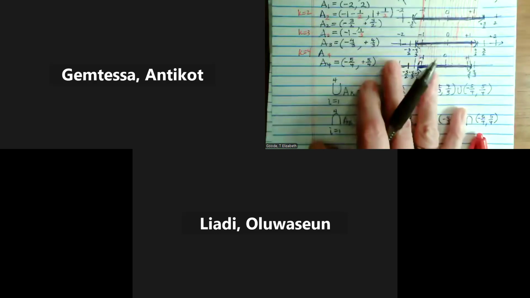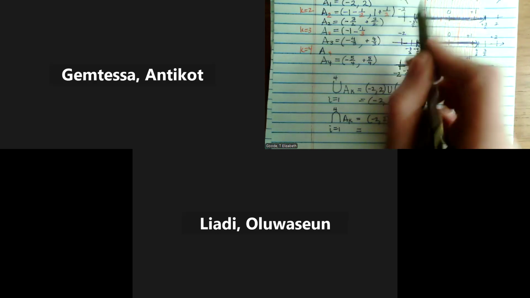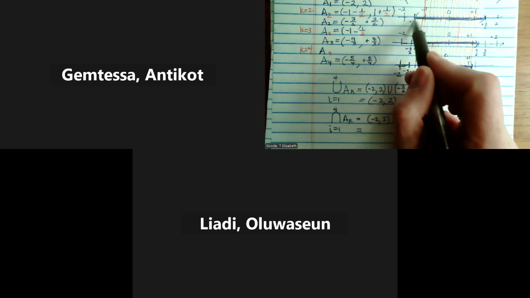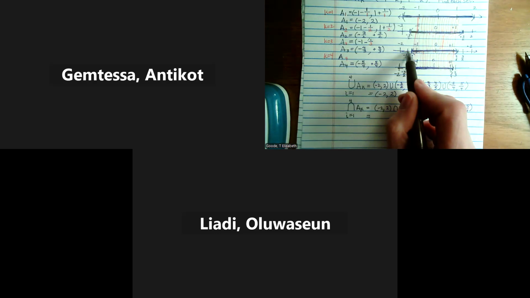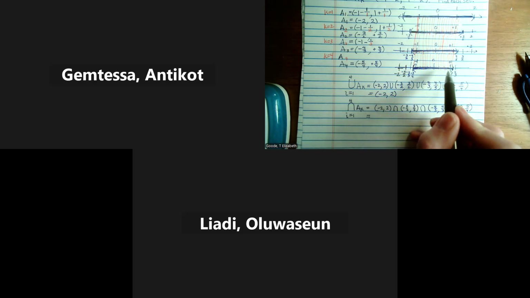So any of the points that are out here aren't going to be in this set. Like these points aren't in this set, so they're certainly not in these other two sets. Not all of these points are in here. Like these are missing. And between -4/3 and -5/4, these points are missing from the -5/4 to +5/4.